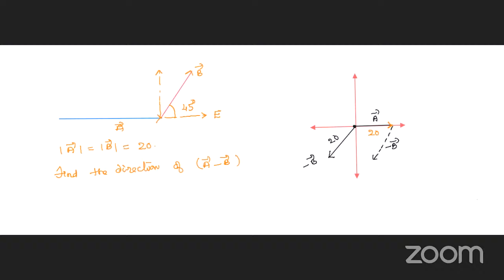Now check the total angle between the two vectors A bar and minus B bar. Till here, east to south, is 90, and the extra angle is 45 degrees. This angle is 45, so the other angle is also 45. This is exactly 45 degrees.